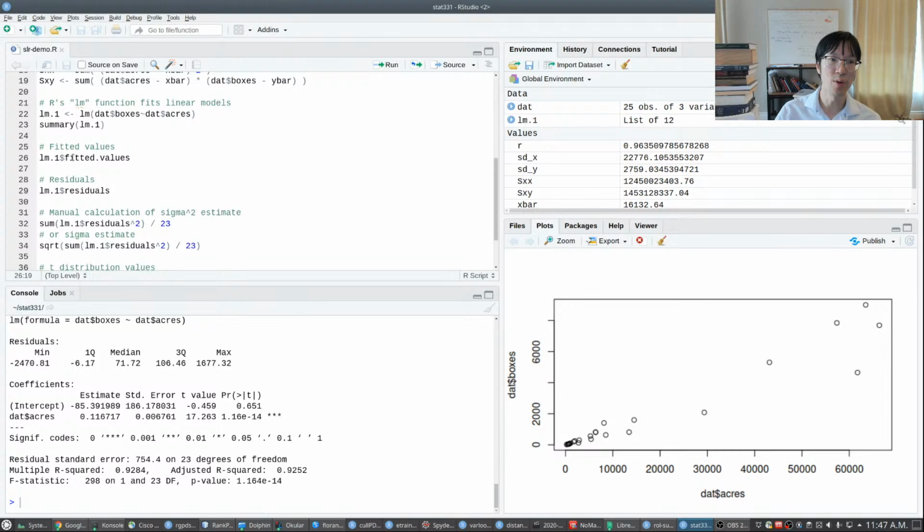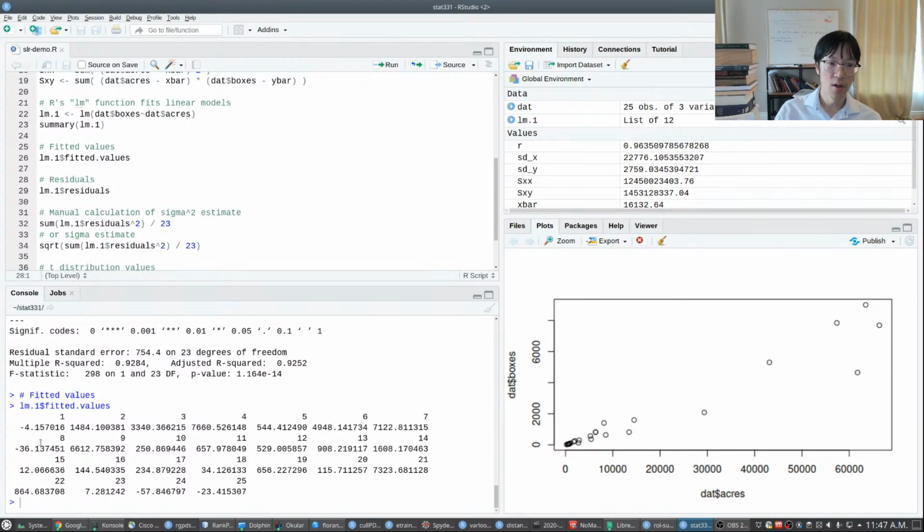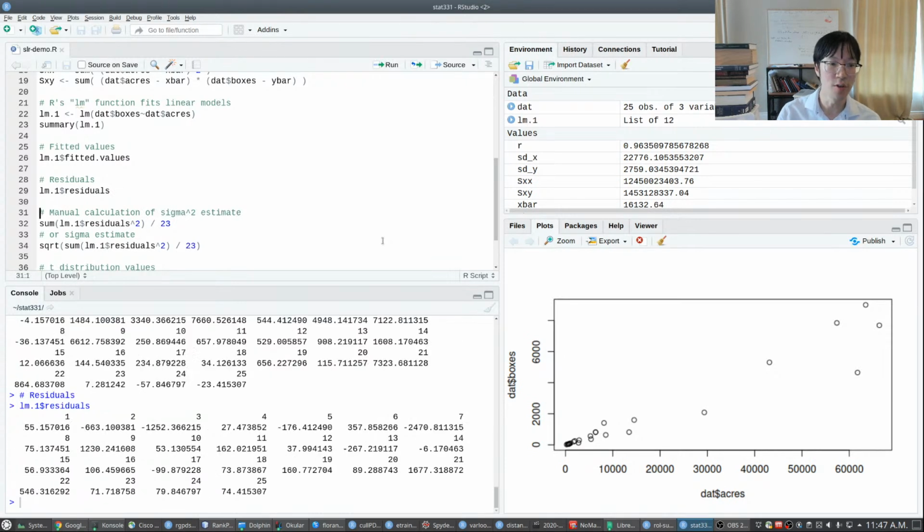I access that by putting a dollar sign, fitted values. You can see these are the values of the fitted regression line for each of the 25 observations. Likewise, the fitted model object also contains the residuals. These are the e_i that we had talked about. These are the differences between the y values and their fitted values.